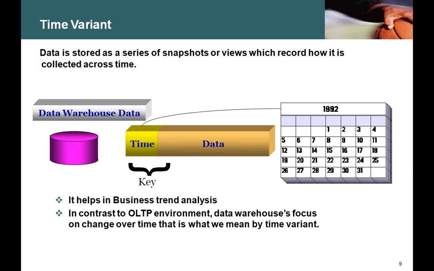If you talk about one major feature of your transactional database, in transactional databases we talk about normalized data. What do you mean by normalized data? All the tables will be divided, the entities will be separate with relationships.